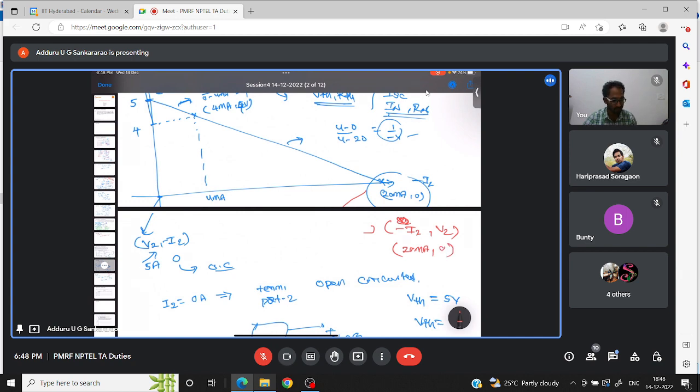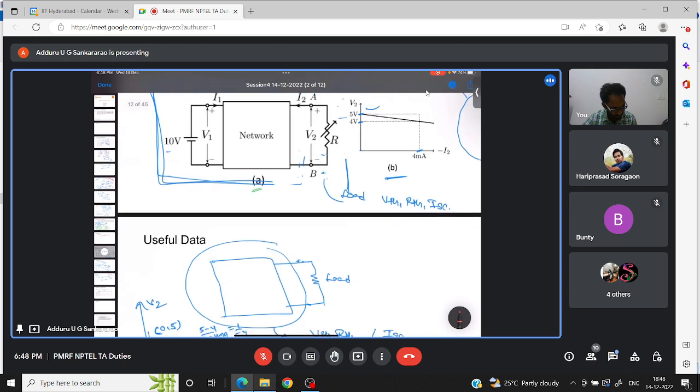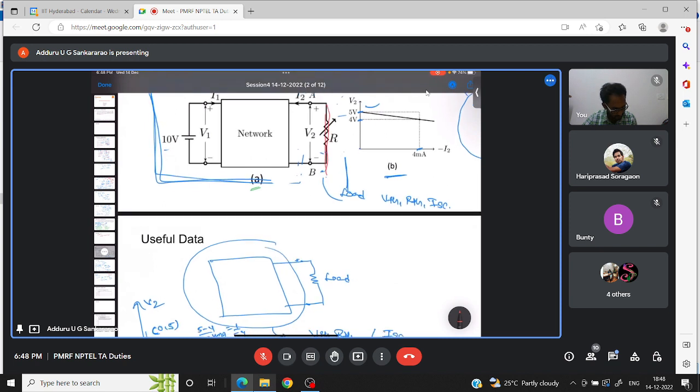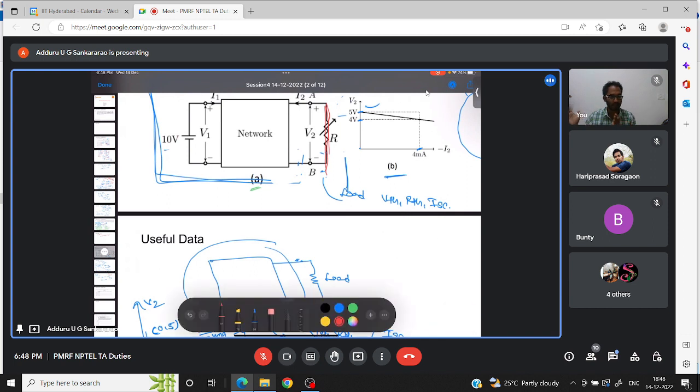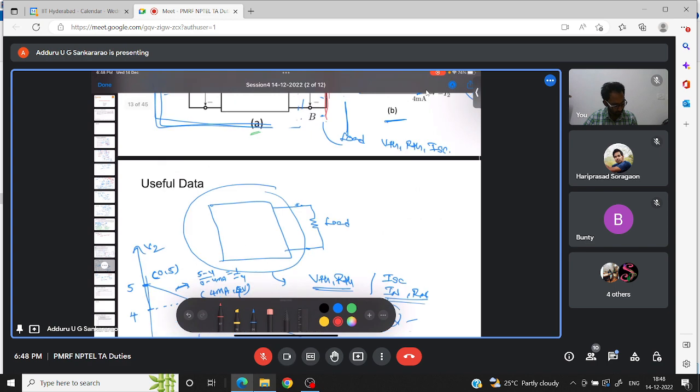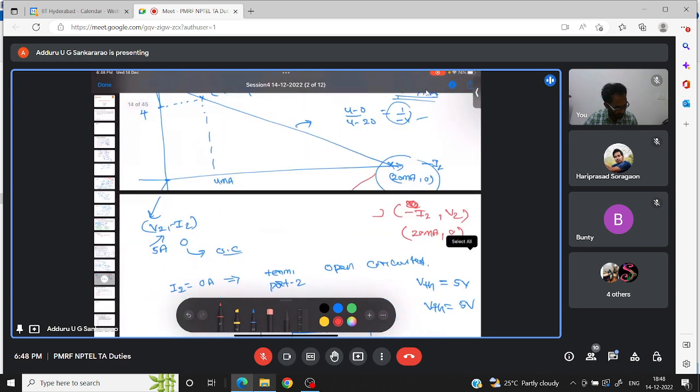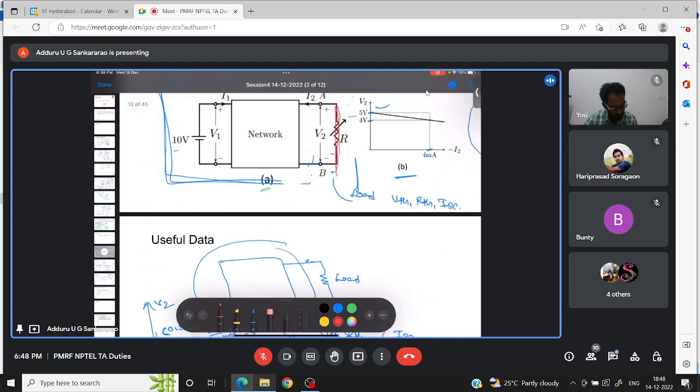V2 is 0 means it's like a short circuit. It's a variable load, resistance is variable, so you can vary it over any range. At this point V2 is 0, which means the load terminal is like a short.